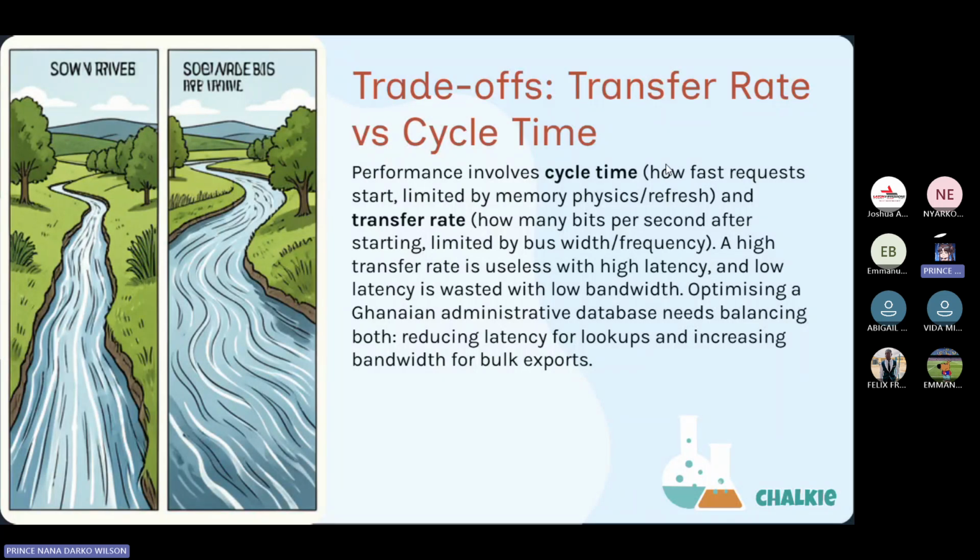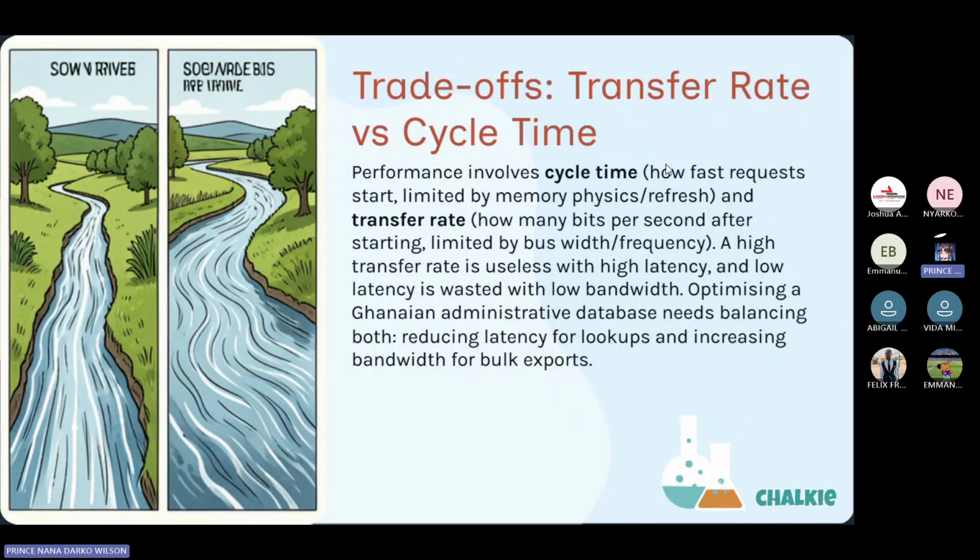So when you have low bandwidth and low latency, meaning high speed, it becomes useless. The same thing appears when you have high transfer rates and high latency, where the memory access is slower. Optimizing a Ghanaian administrative database needs balancing of both. You reduce latency for lookups and increase the bandwidth for bulk exports.